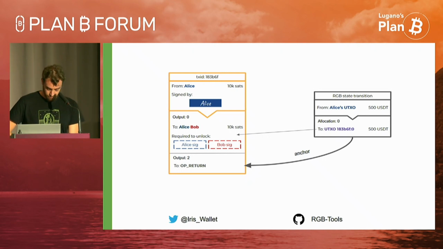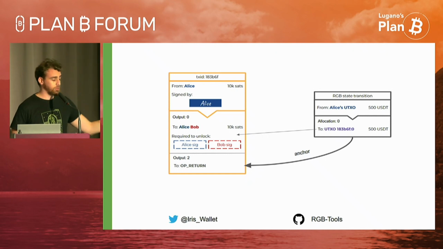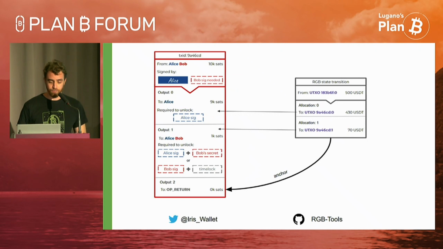And in this way, we did the first step of funding an RGB-denominated Lightning channel. But before you broadcast this, you will want to have the commitment transaction so that both parties are able to close unilaterally. So this part here is our normal Lightning commitment transaction for channel updates.